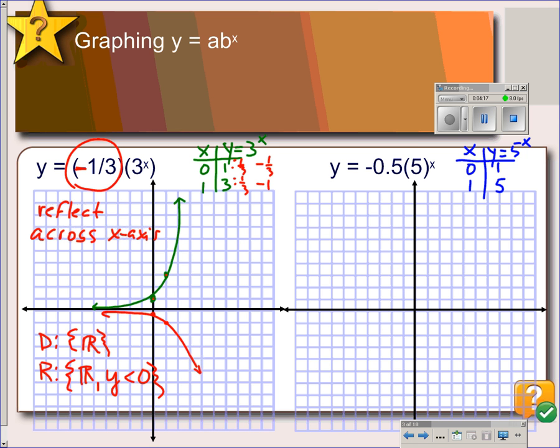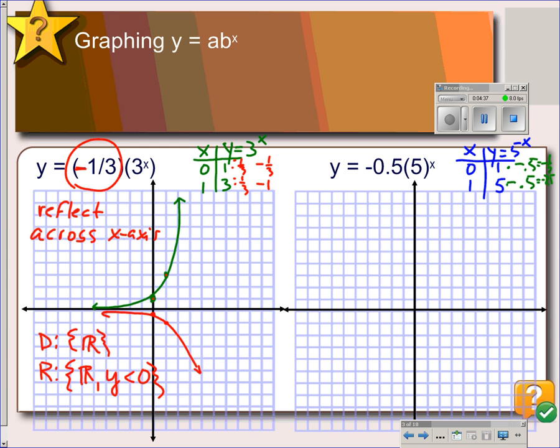We take each of these values and multiply them times negative 0.5. So that's going to give us negative 1/2, or negative 0.5 for our first one, and negative 2.5 for the second.